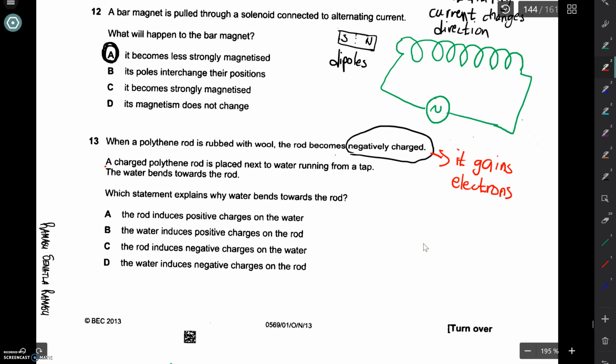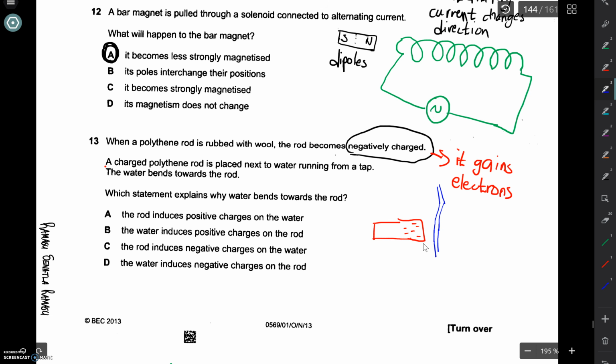Well, if you have the rod there, and the rod has some negative charges, and then you have a stream of water flowing, and this water is attracted to the rod.